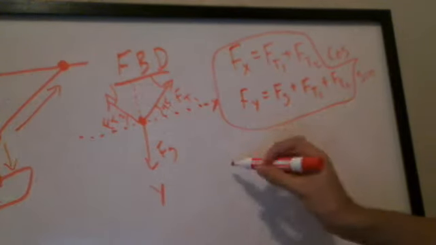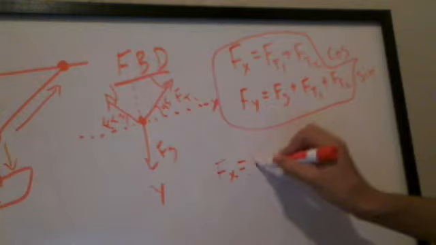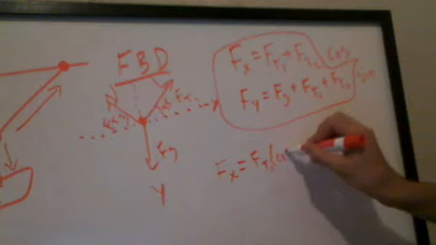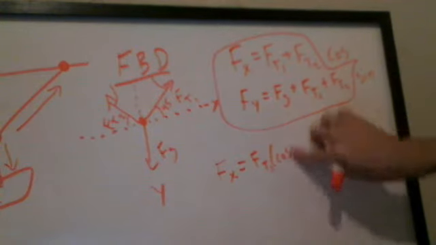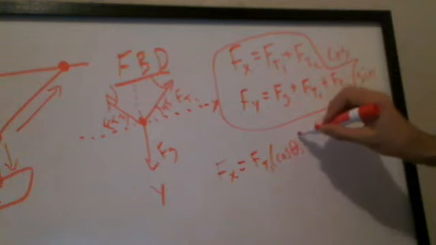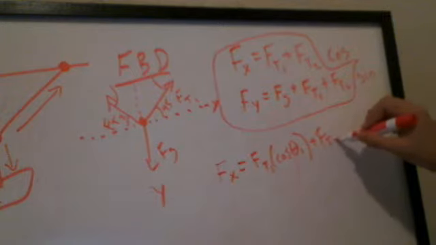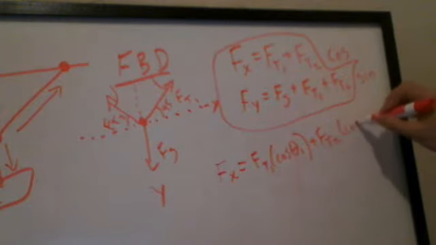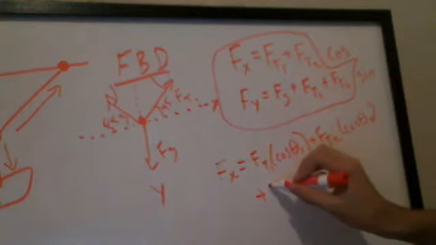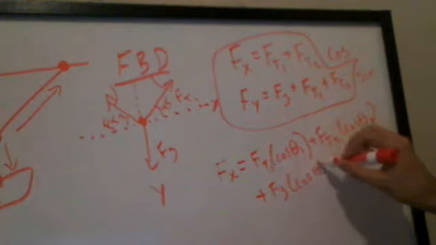So you could say F of x direction is equal to FT1 cosine of the angle that it's at, plus force of tension 2 cosine of the angle that it's at, plus Fg cosine of the angle that it's at.